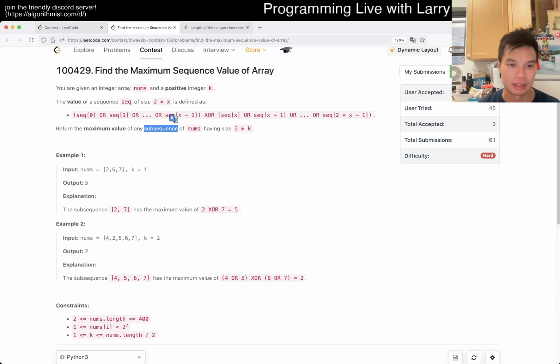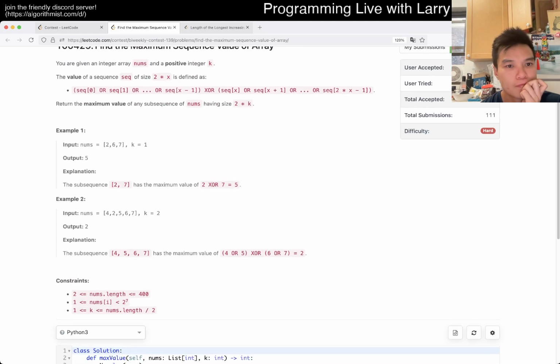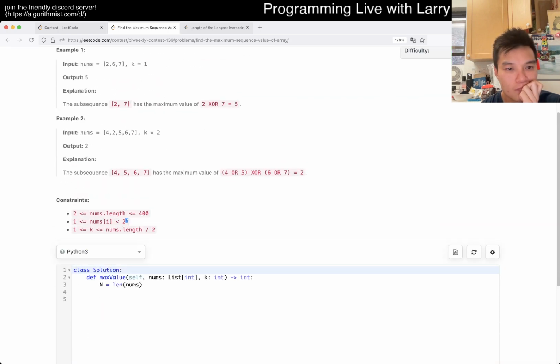But I didn't even see it until I looked at the example. 2 to the 7, right? Is that the trick? It's 2 to the 7 again. 128 times 200, or something like that.